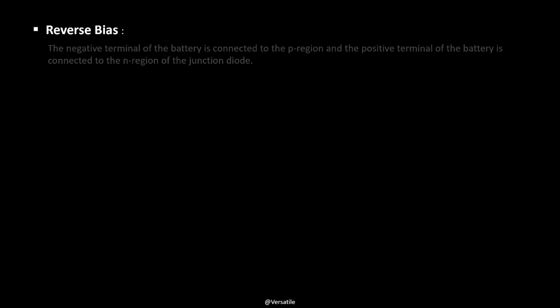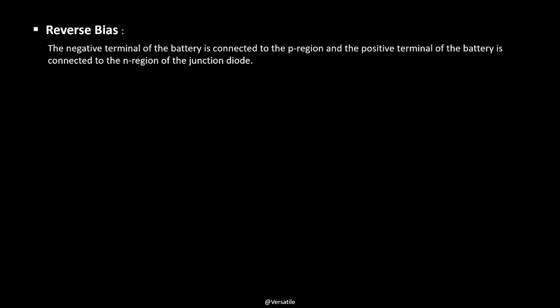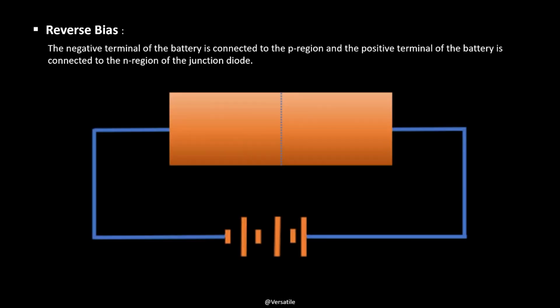In this configuration, the negative terminal of the battery is connected to the P region and the positive terminal of the battery is connected to the N region of the junction diode, as you can see here in the diagram.